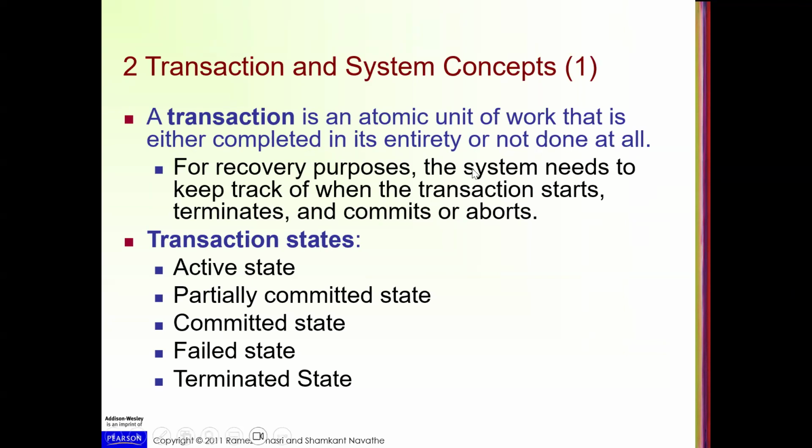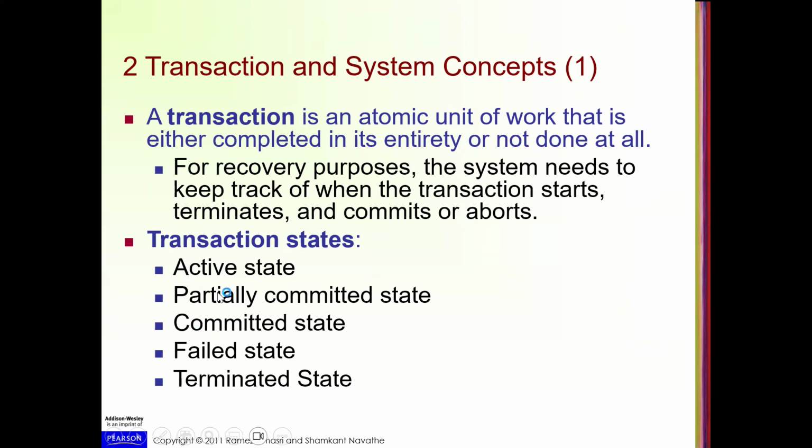For recovery purposes, the system needs to keep track of when the transaction starts, when it terminates, when it is saved, or when it is aborted or ended. Saving means committing a transaction state to the disk. So, with this concept, the transaction states are divided into 5 states.